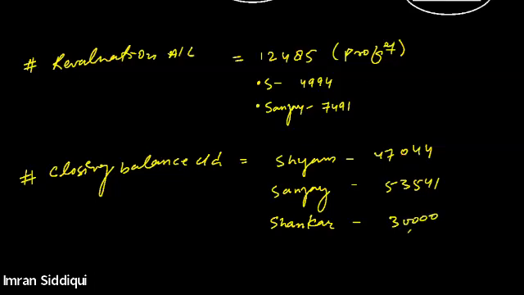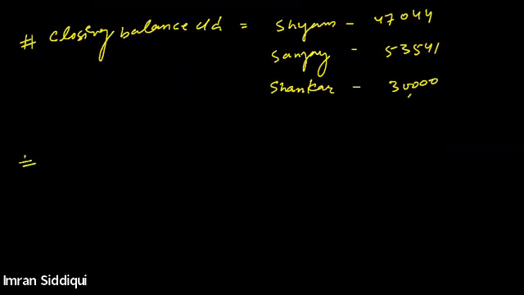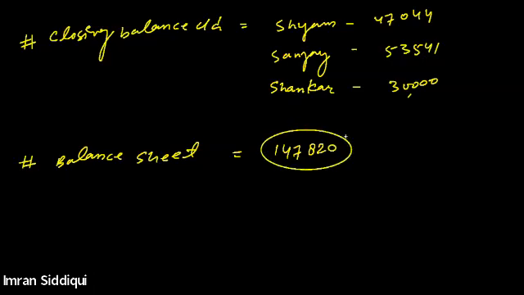Please note this somewhere so that when you prepare the capital account or the revaluation account, you will be able to tally your answers. And now let's talk about the balance sheet. When you prepare the balance sheet, the final answer should be that on both sides of the balance sheet you should get the balance as 1,47,820, asset side as well as the liability side.